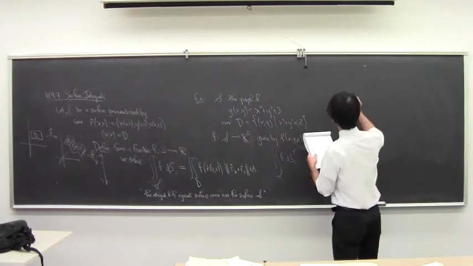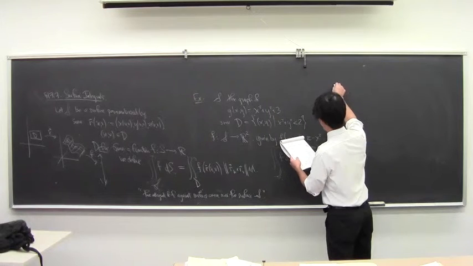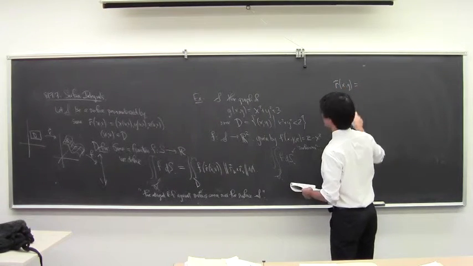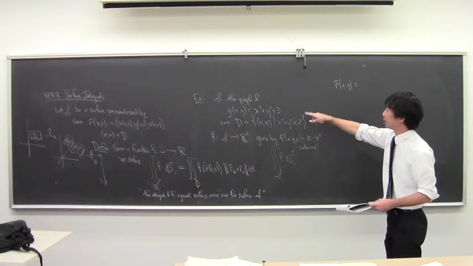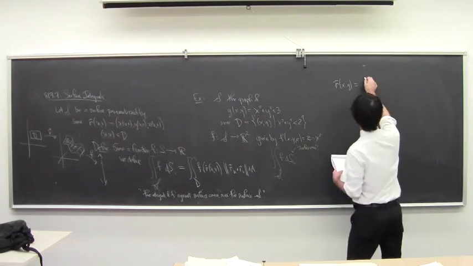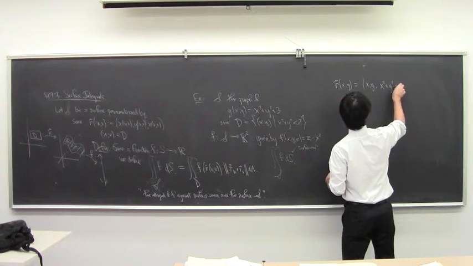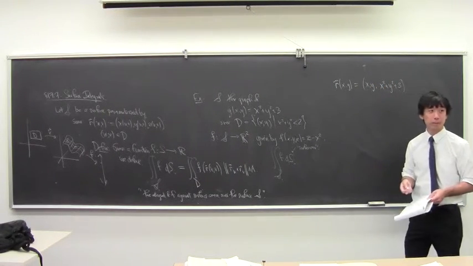So, you know, it's easy, right? You need a parametrization of this thing. Well, it's a graph, so you know what the parametrization is going to be. That's going to be your parametrization.